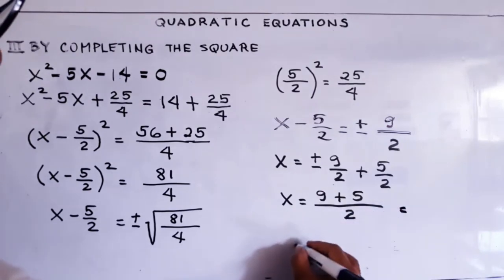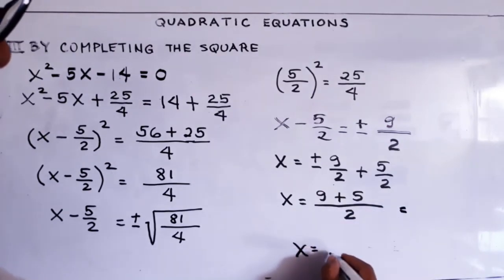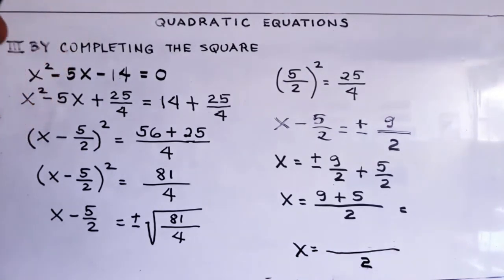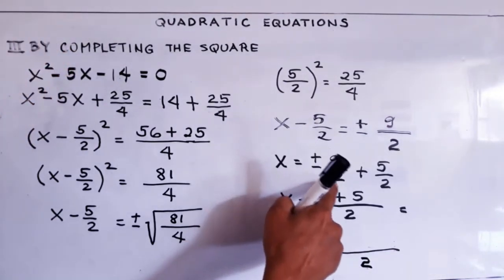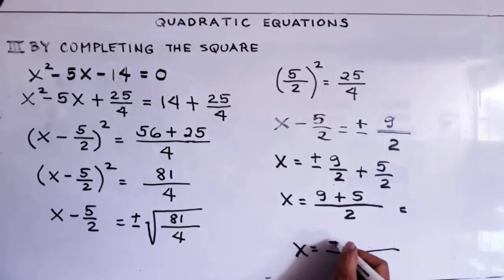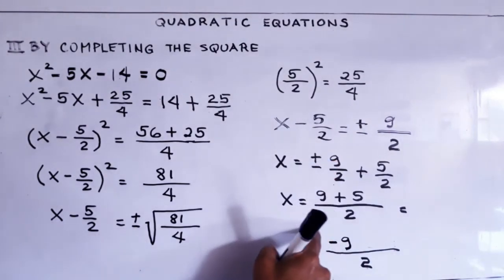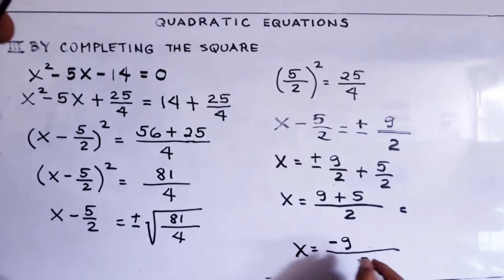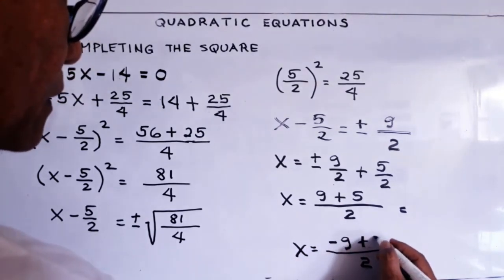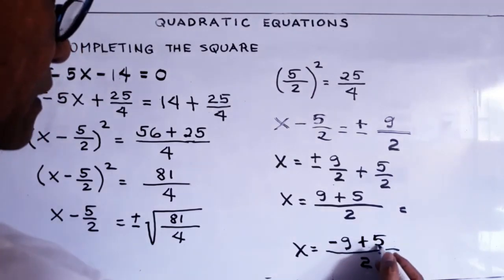What's the second one? The second one is, copy this one, and you still have the 2 here. And the second one is negative. Okay, that's negative here. So you have the negative 9 here. This one's positive 9. The other one's negative 9 plus the 5 there. Okay, it's still 5.